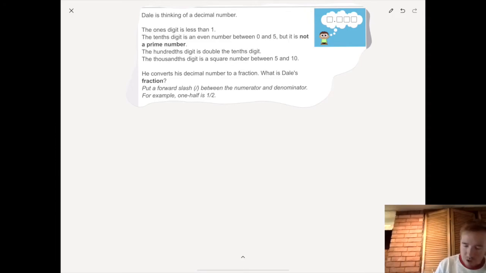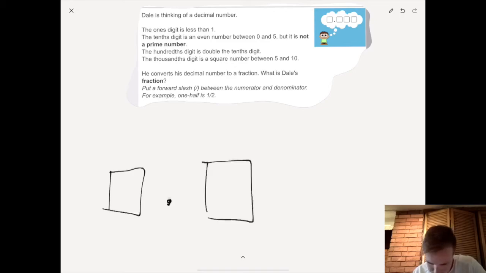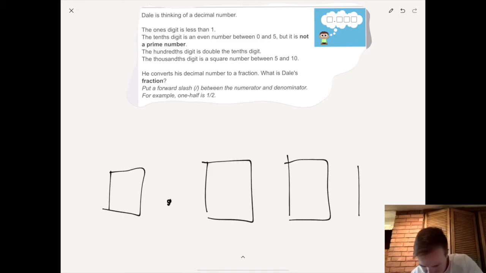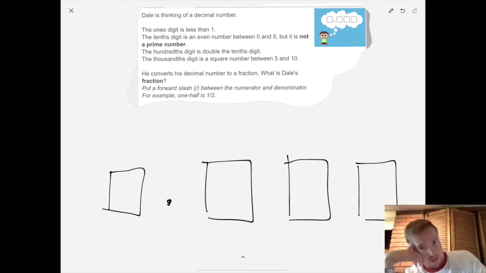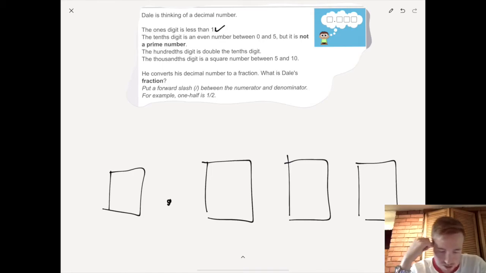Okay, so first thing I'll do is get my boxes drawn in just like he has. So the first thing that I need to do is find the decimal number, and then I can convert the decimal number into a fraction, but I'm not there yet. The ones digit is less than 1. Well, less than 1 is obviously 0.